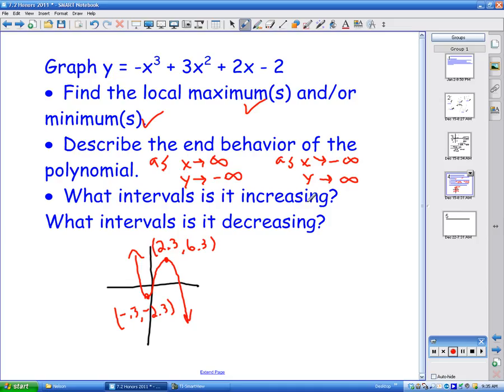When is it increasing? So it looks like as we ride our roller coaster, I'll change colors here. We're going down, so decreasing, and then from here to here we're increasing, and then we decrease forever. So that would be a fun roller coaster ride. Okay, so for increasing, it's from negative 0.3 to 2.3.